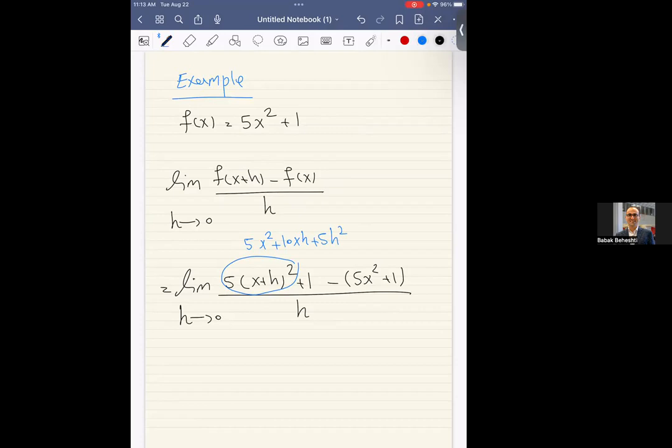When you subtract 5x squared plus 1, you get 5x squared minus 5x squared is 0. So you have 10 times xh plus 5h squared divided by h, as h goes to 0.